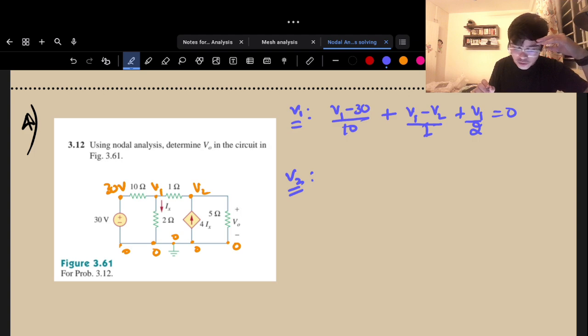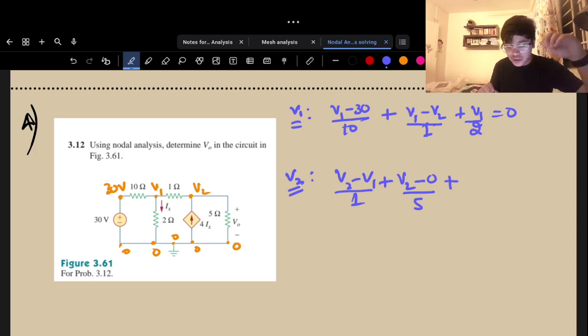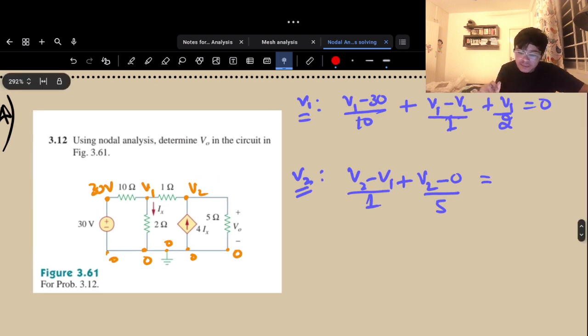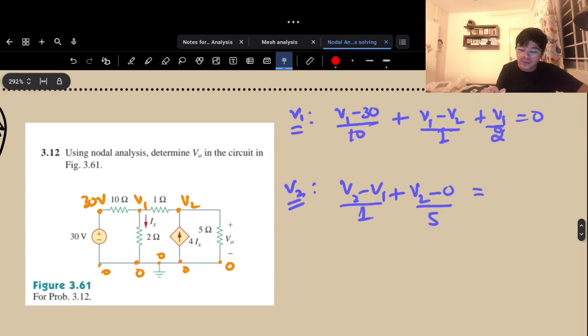Now let's write for V2. So (V2 minus V1) by 1 plus (V2 minus 0) by 5 plus, so this is my current that is entering. As you can see, even from the previous problem, this is a current controlled current source.